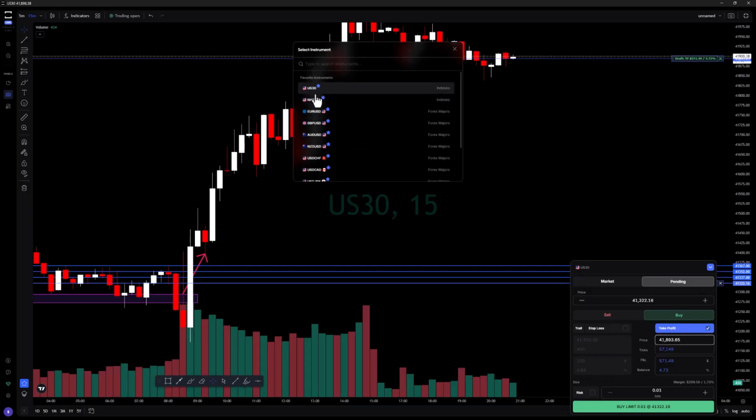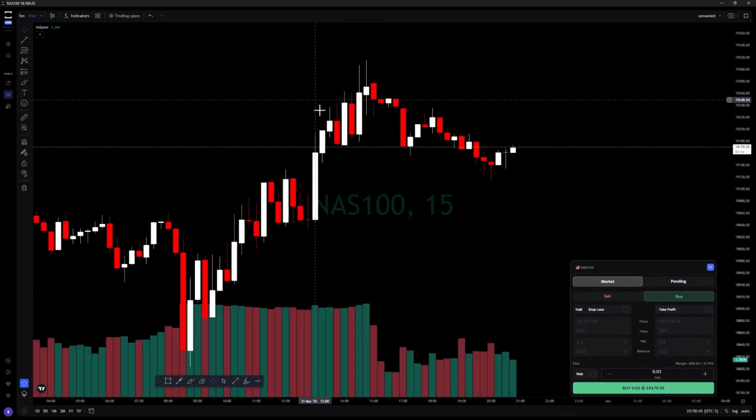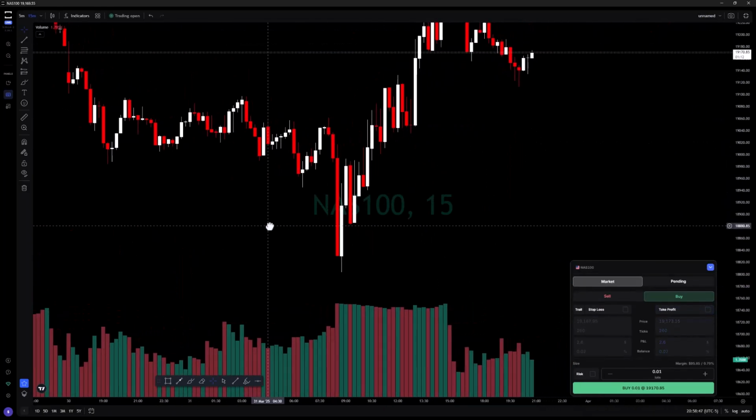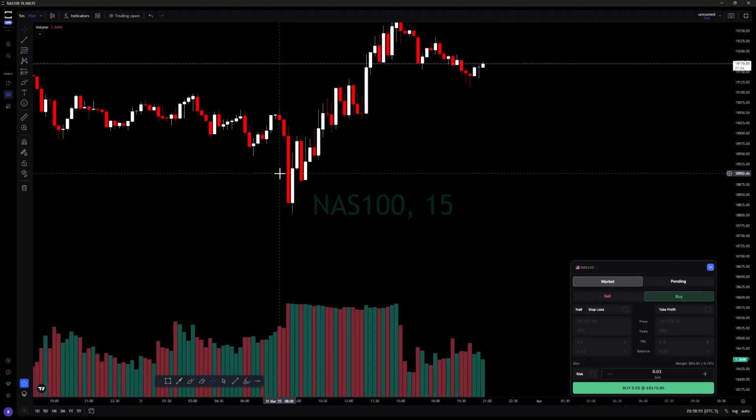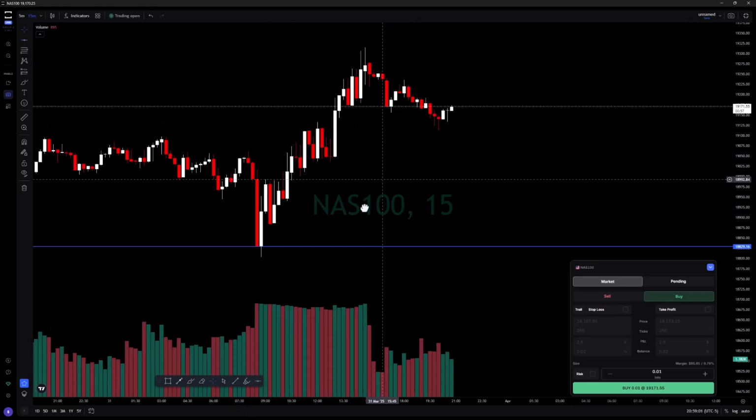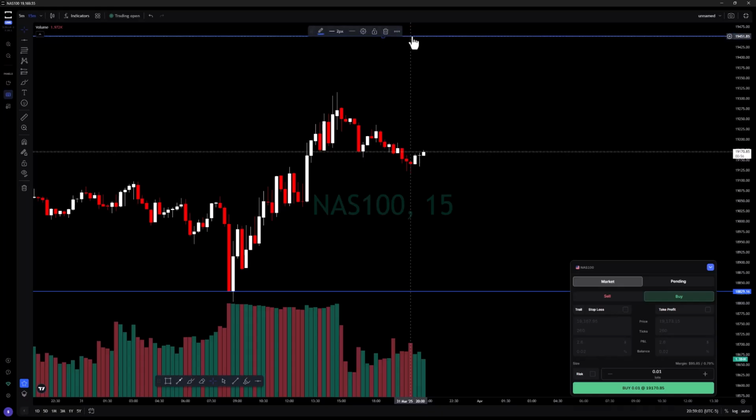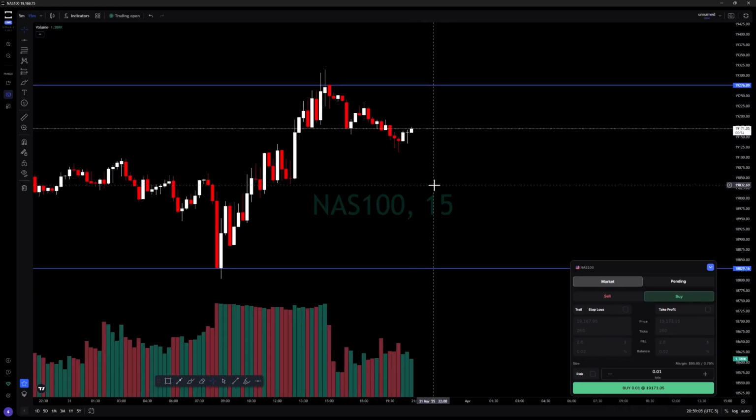Now, if we look at NAS100, NAS100 makes a big move day in and day out as well, but not as much as US30. So you kind of see the difference here. Today, NAS100 dipped down here, and then we had a push to the upside. It went from 18,829 to 19,276.